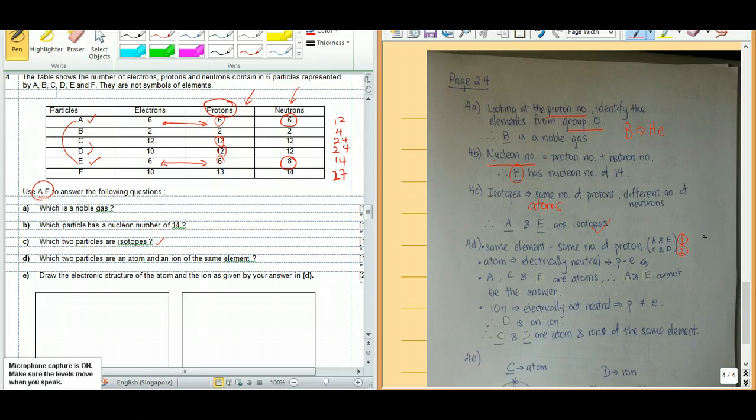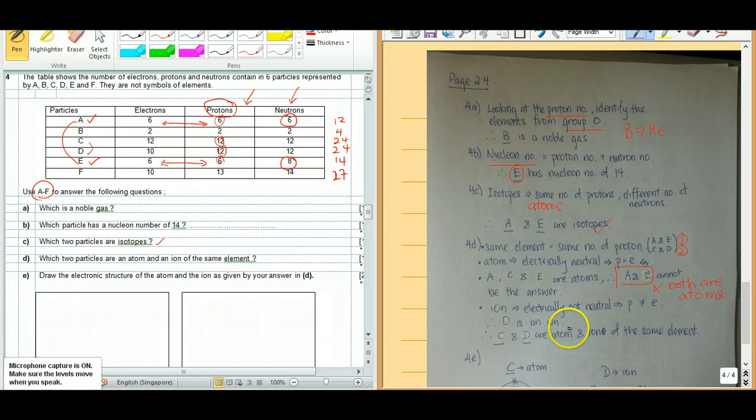They are the same elements. Next up, we know that atoms are electrically neutral. P is equal to E. So we know that A, C, E are atoms. If we know A and E are one set and we are looking out for an atom and an ion, therefore A and E cannot be the answer because both of them are atoms.